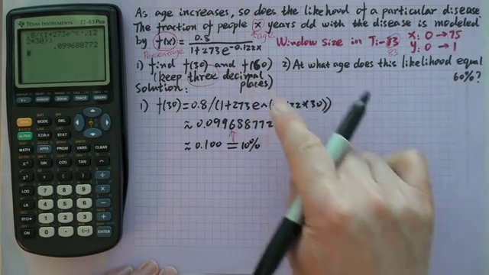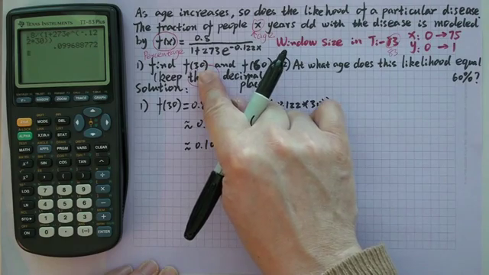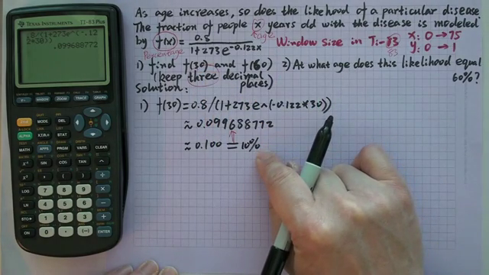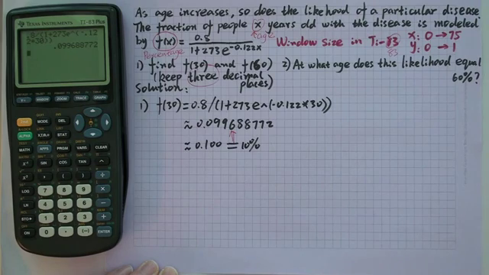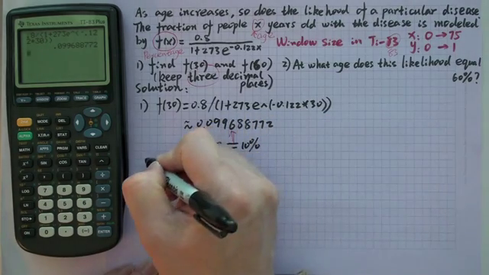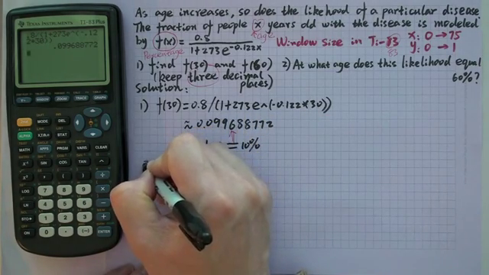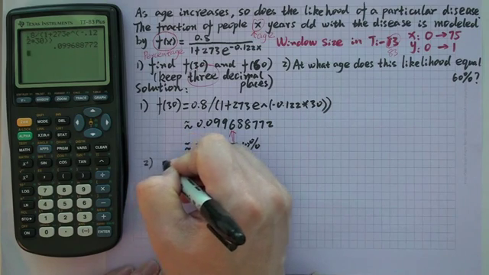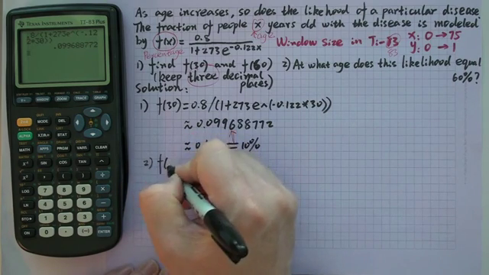So when people are at age 30, 10% will have this kind of disease, with 10% probability. You may do the same thing for f of 60.